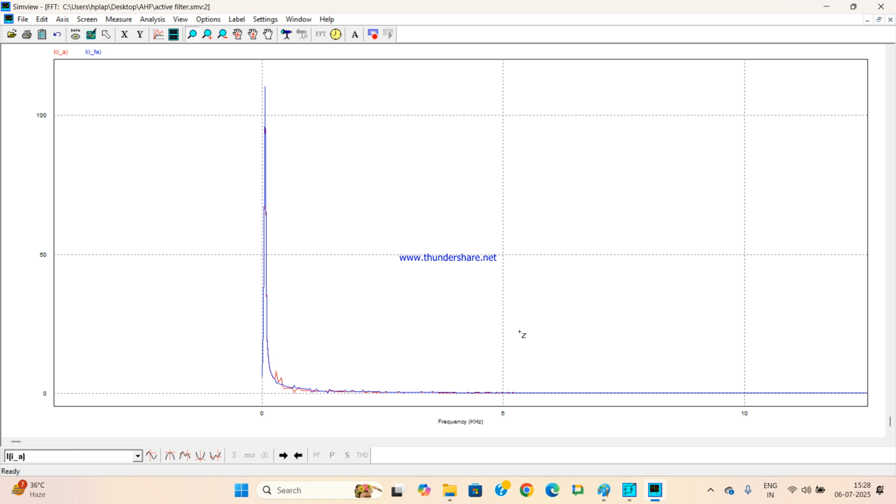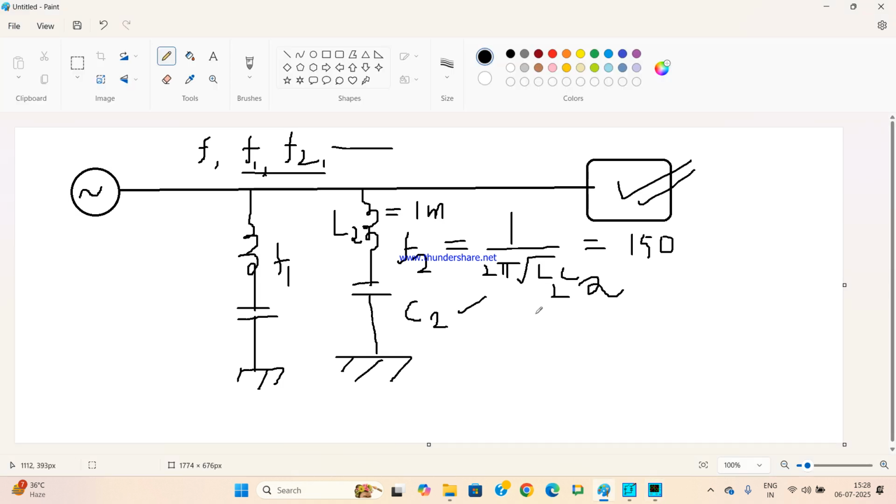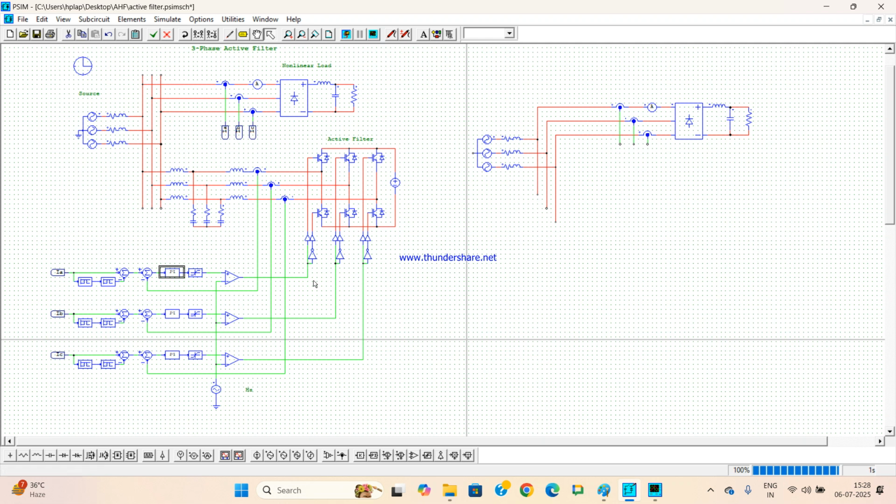Using this you can explain the passive filter with the diagram, and for the active harmonic filter you can explain these schematics and write the detail about it. Then you write a simple conclusion, its advantages, disadvantages, and applications, and you can conclude your report.